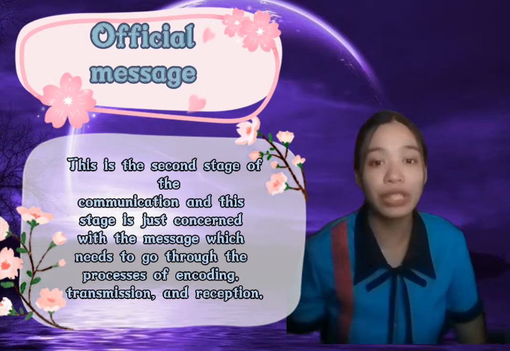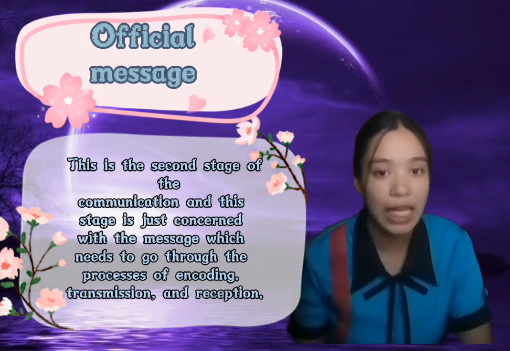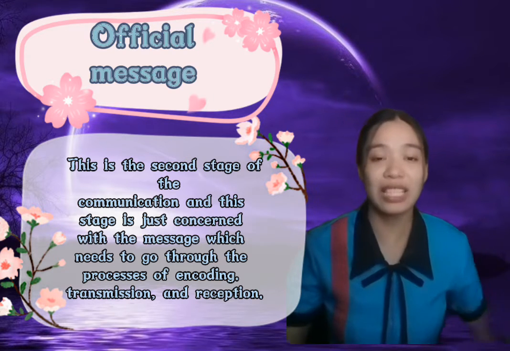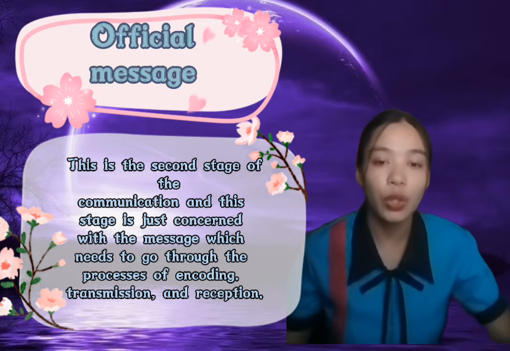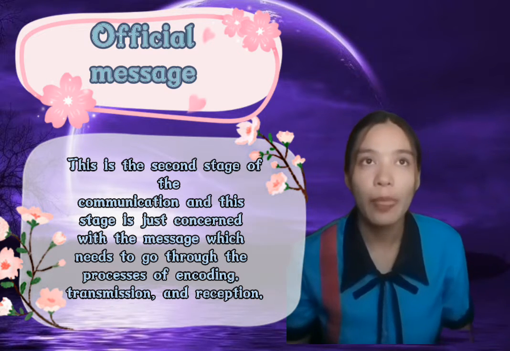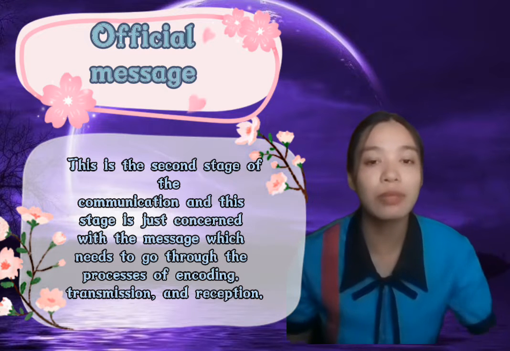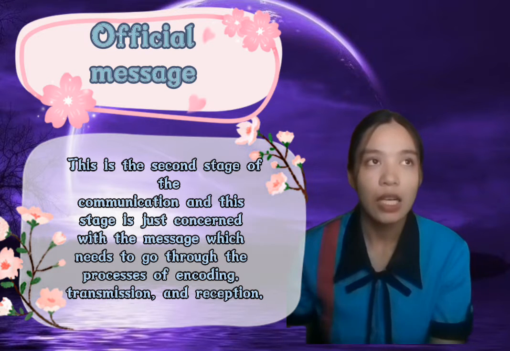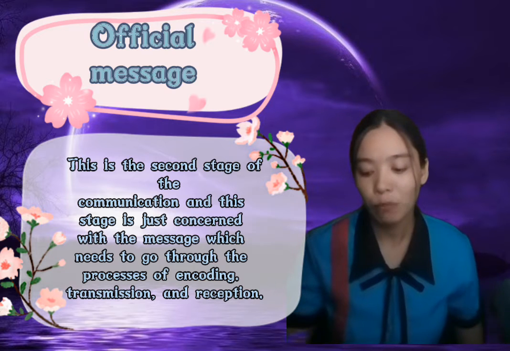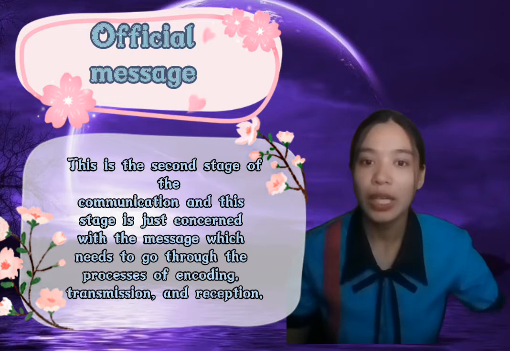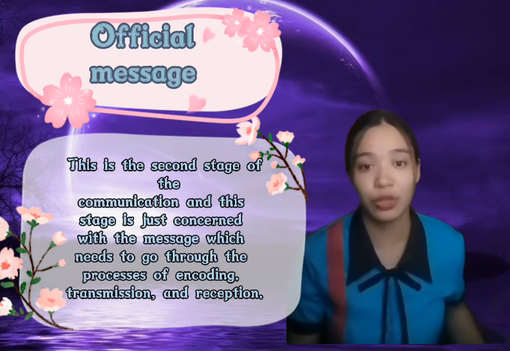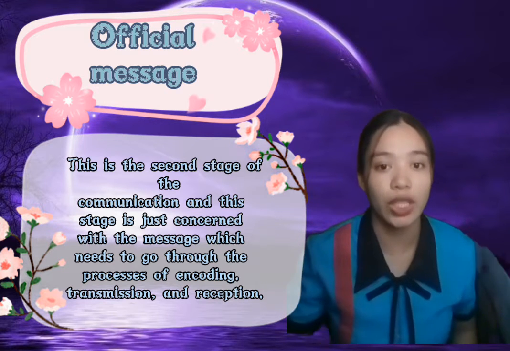From the word official, this is the main message, the one concerned with the message which needs to go through the process, such as encoding and transmission of the message to the recipient, or to the reception.